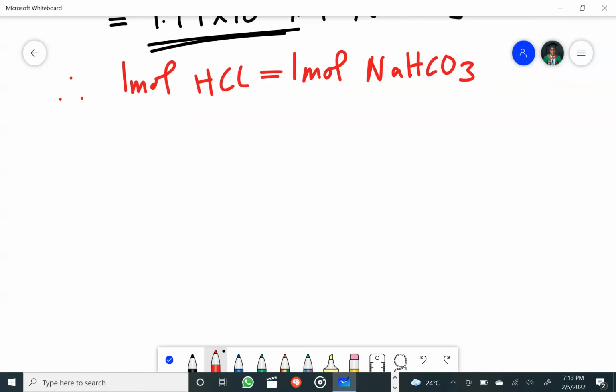So relating the number of moles, we'll say the number of moles that we found for sodium hydrogen carbonate were these.